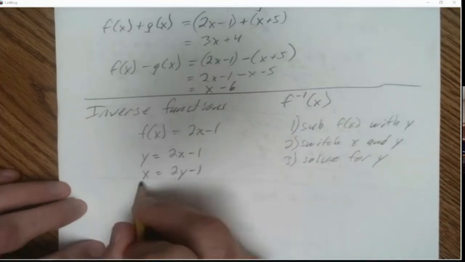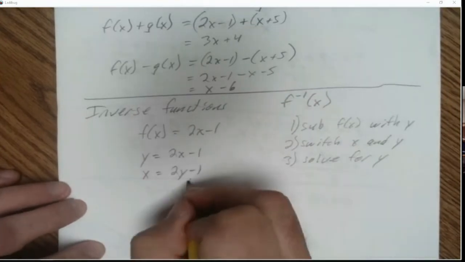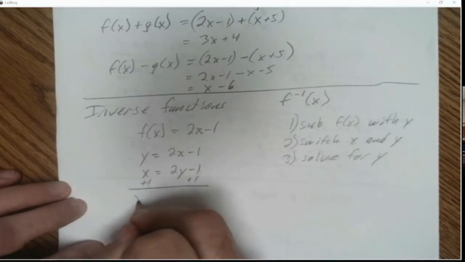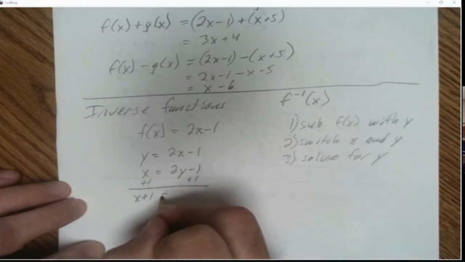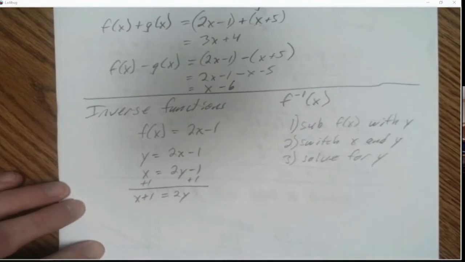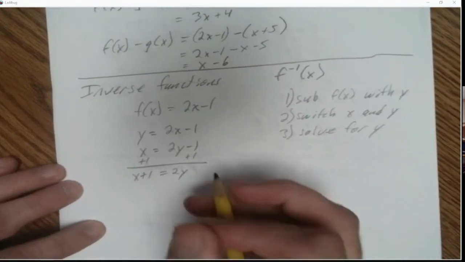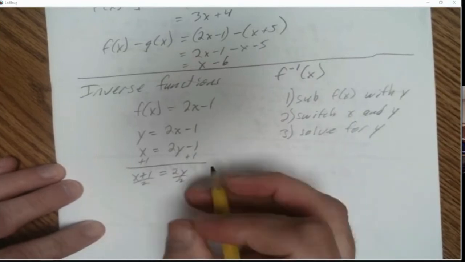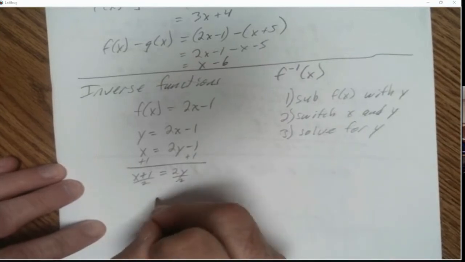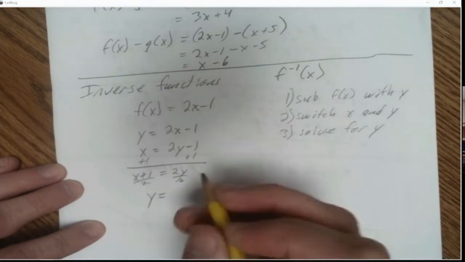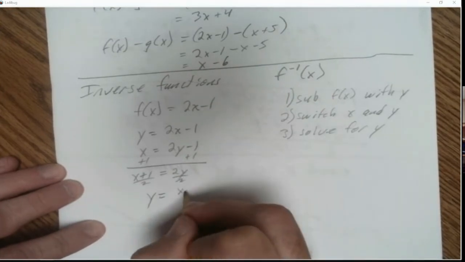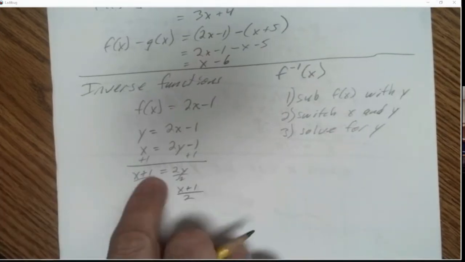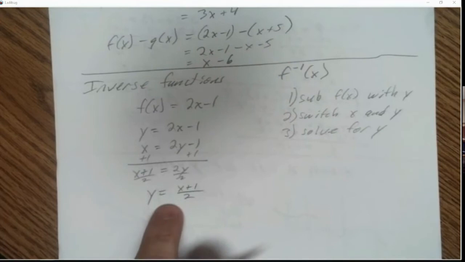We have to get the y by itself, so we're going to add 1. This becomes x plus 1 equals 2y. We want just y, so we're going to divide by 2. We can switch sides: x plus 1 divided by 2 equals y, or y equals (x plus 1) divided by 2.